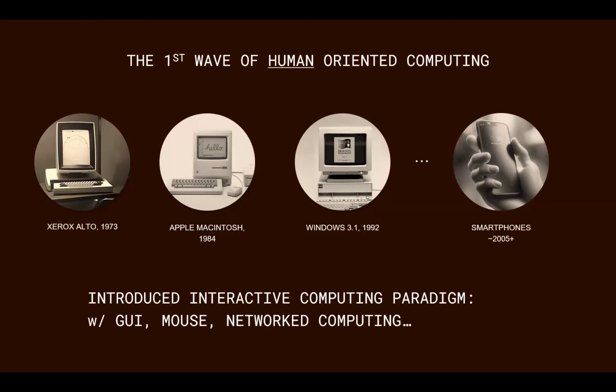What most people on the planet think of as computing is internet-connected 2D graphical user interfaces in a mobile phone format. That is the first wave of human-oriented computing. It moved from pure scientific programming for big engineering efforts to essentially everybody being able to be somewhat amplified by a computing device.